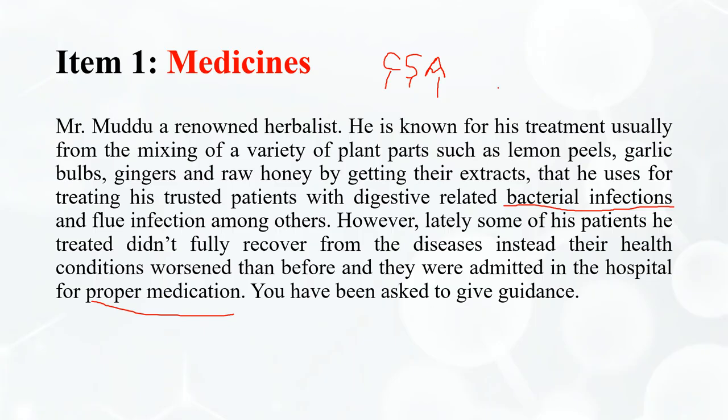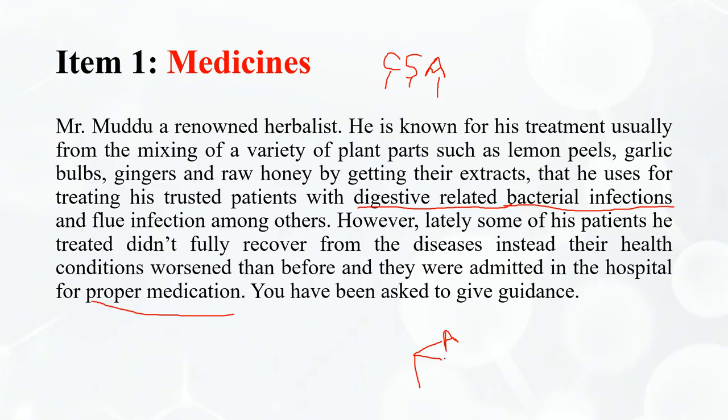So we are seeing what this person is treating. They are saying that he is treating his trusted patients with digestive related bacterial infections. When you hear the word bacterial, don't forget that medicines can be categorized according to the function and according to the source. According to the function, we talked about analgesics, and analgesics are painkillers.